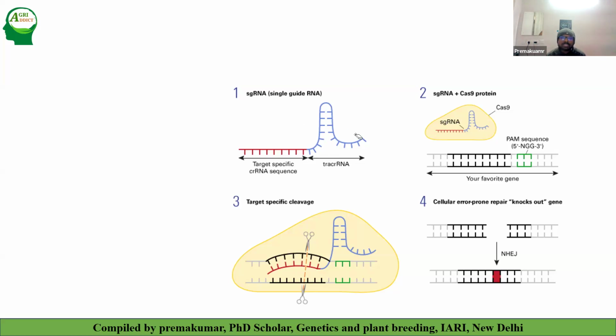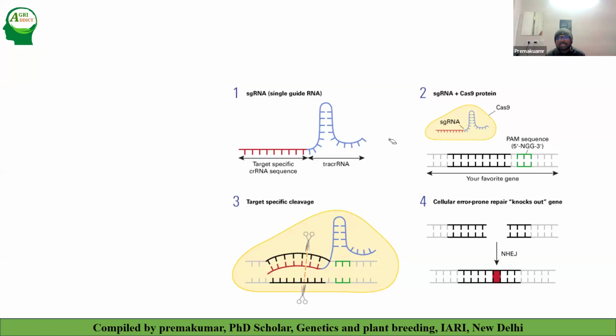By removing unnecessary sequence we make the single guide RNA, because if it is larger, it is very difficult to bring it into a construct. That's why we make it smaller. Then it contains only the target specific sequence and the tracer RNA backbone. Then it is completely called single guide RNA.